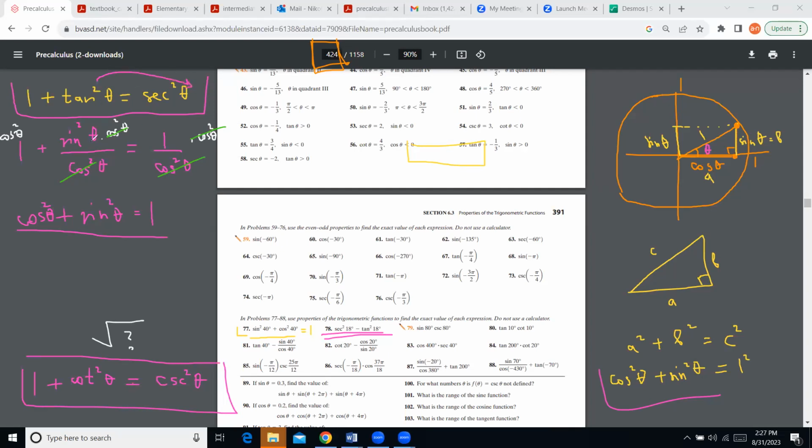You bring it over to the other side, and you end up with 1 equals secant squared minus tangent squared. So it turns out that this is just a manipulation of a formula. If they say secant squared minus tangent squared, of course, the angle has to be the same, no matter what it is, 18 degrees or 40 degrees or whatever else, the result is 1 because it works for any angle whatsoever.